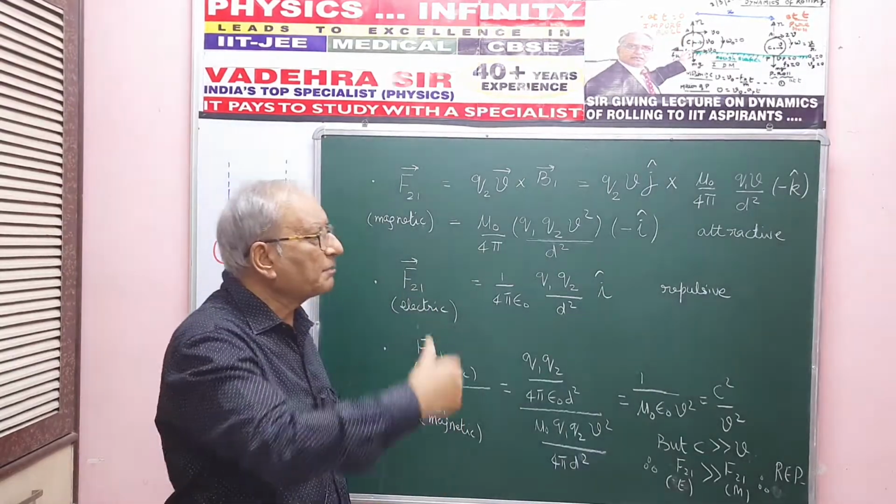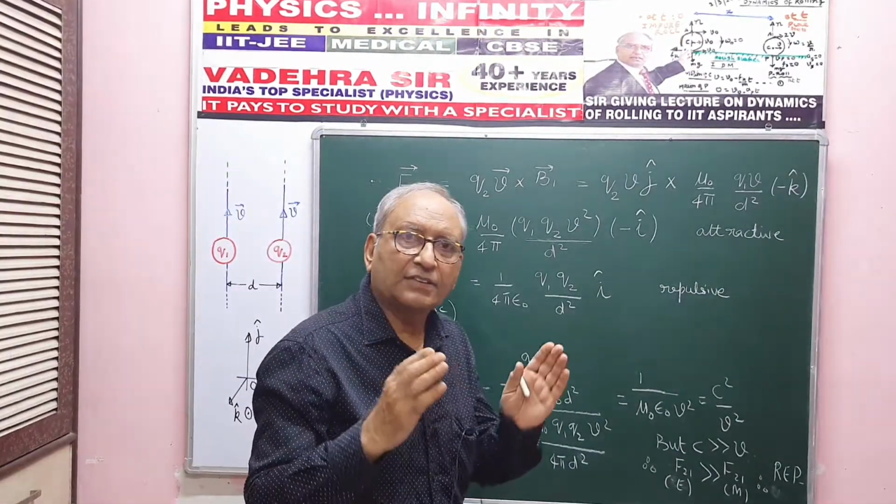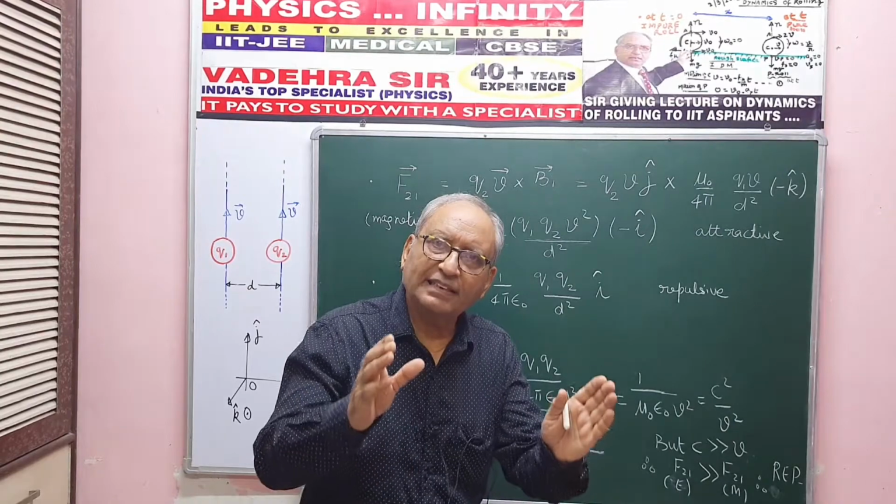So the two long parallel wires get attracted to each other due to magnetic interaction.